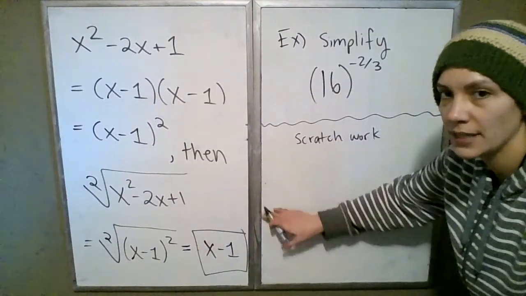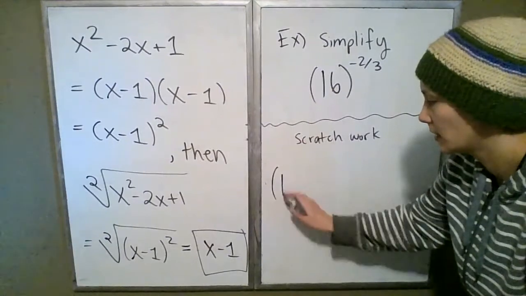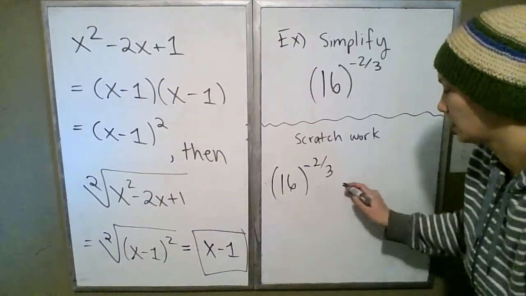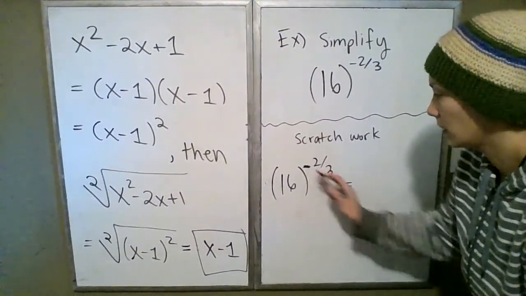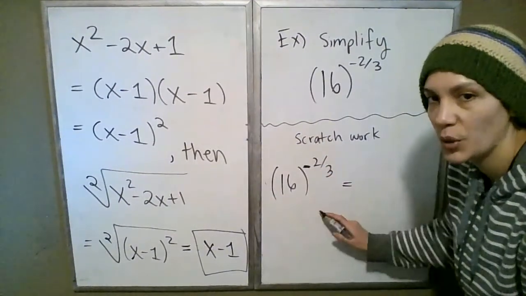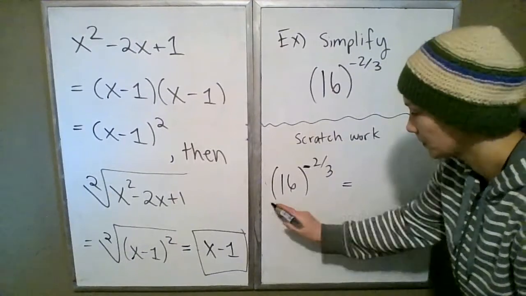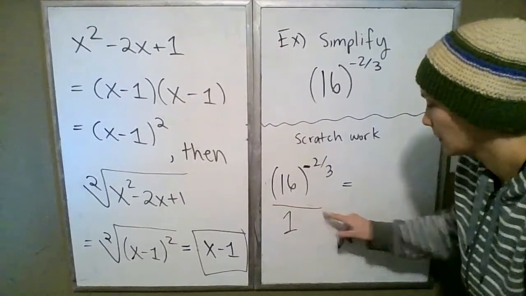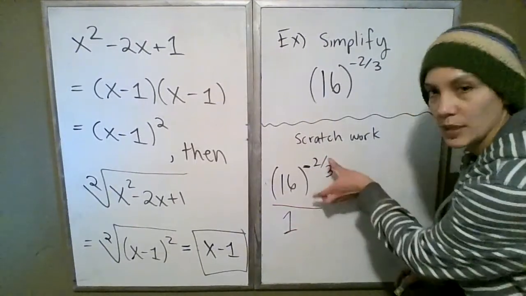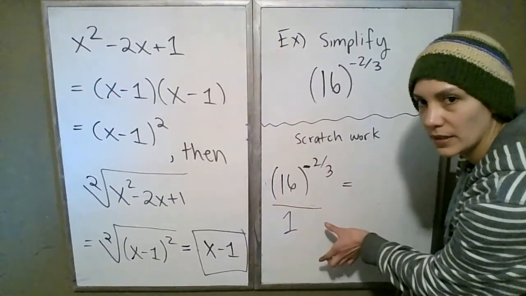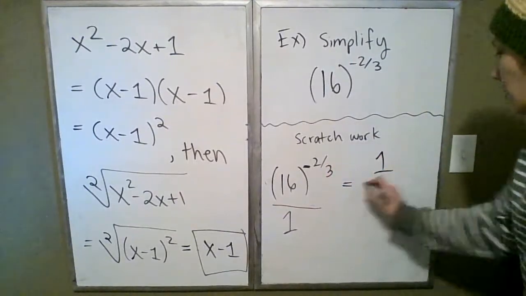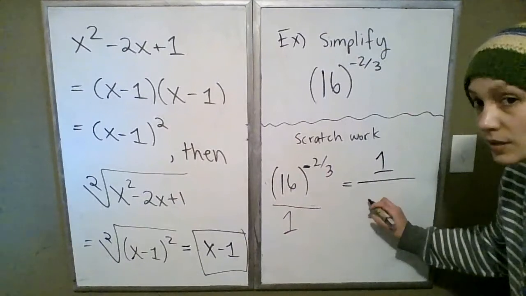I would first take care of the negative exponent. If it helps, you can write any number over 1. And then we're going to bring this down to the denominator with the positive 2/3 power. So we have 1 over 16 to the 2/3.